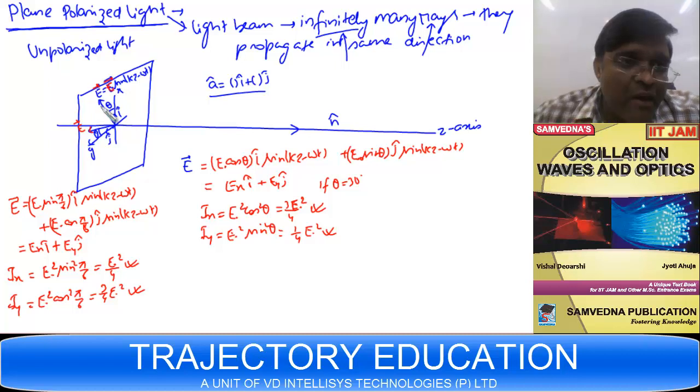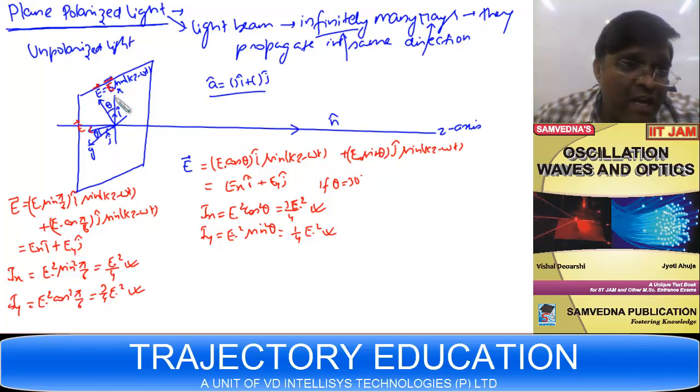Now, for every field vector making an angle of 30 degrees with the x-axis, there exists a field vector making 30 degrees with the y-axis. Since every direction is equally probable, for every field vector making a smaller angle with the x-axis, you have a field vector making the same angle with the y-axis as well.